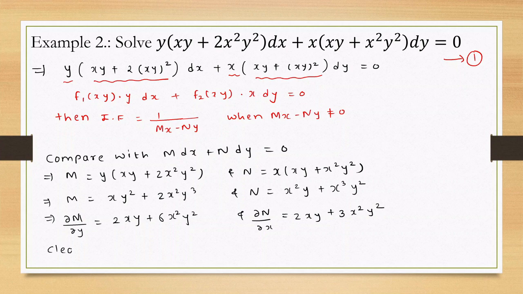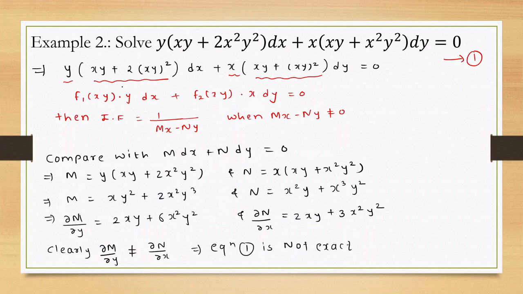Now clearly dou M by dou y is not equal to dou N by dou x. So this implies equation 1 is not an exact differential equation. Now we can think of the integrating factor, right?